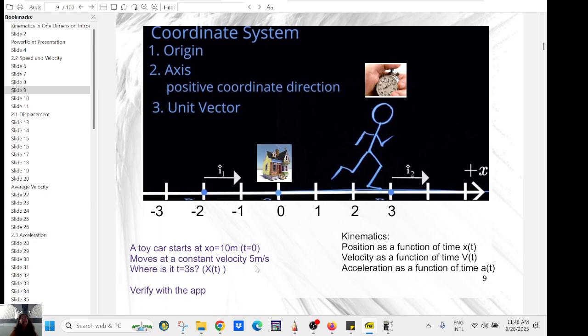What's going to be the final position? 25, very good. In 3 seconds, it's going to go 15 meters, but it started at 10. So 15 plus 10 is 25. That's one equation of kinematics.